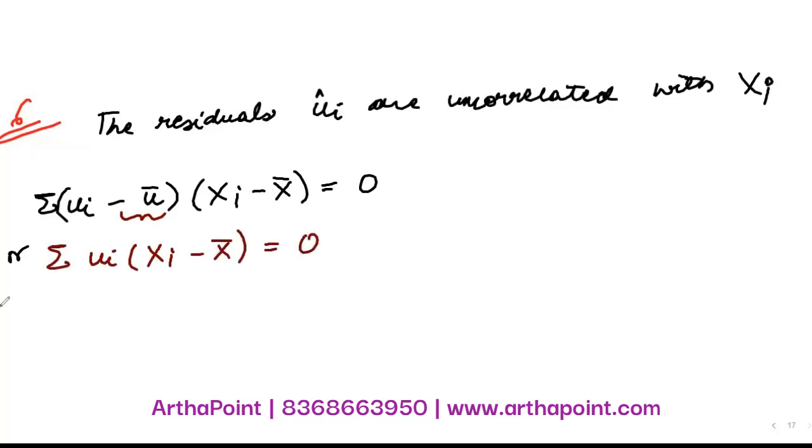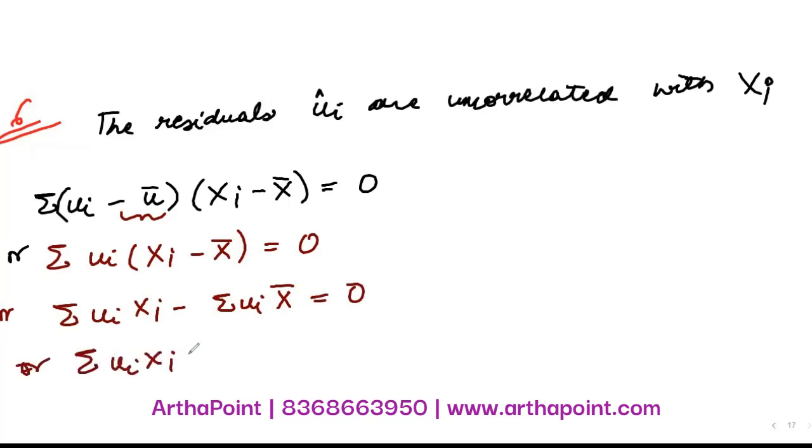Or I'll open this up. Summation ui xi minus summation ui x bar is 0. But x bar is a constant, so the constant can come out of the summation. Or summation ui xi minus x bar summation ui is 0. But summation ui is anyways 0. So summation ui xi is 0.